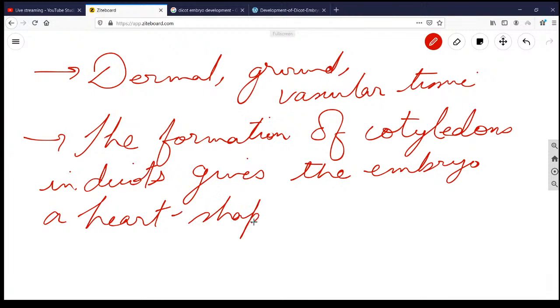A heart-shaped appearance. Very, very important. In monocots, what happens? Only a single cotyledon forms. Always remember, only a single cotyledon will form.